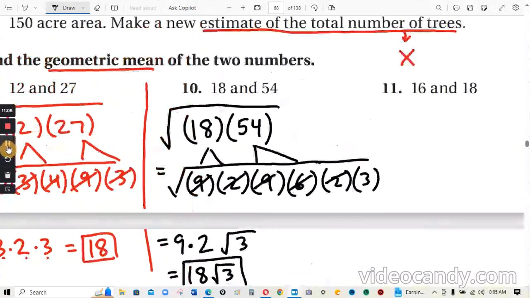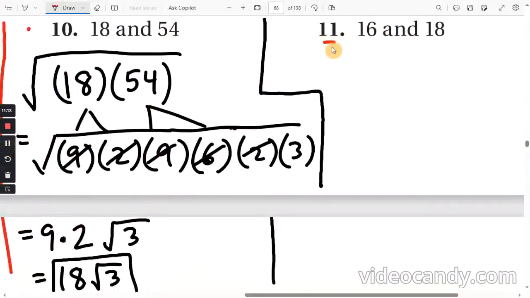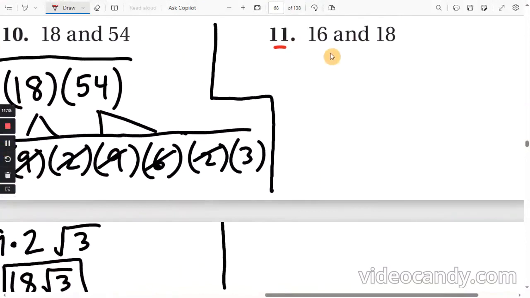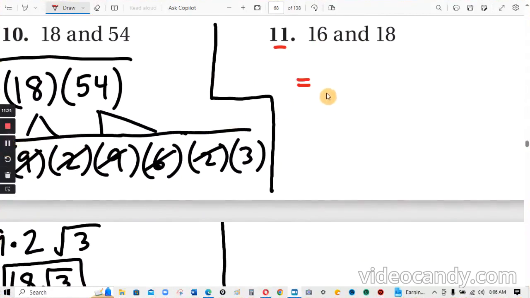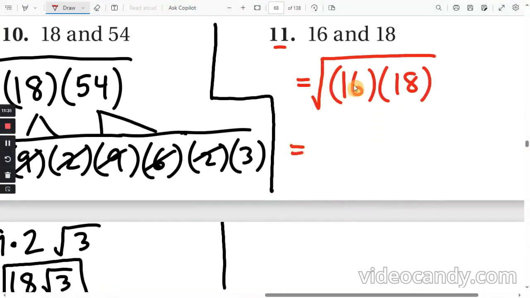Please pause and try number 11. I'll give you a hint. I would start by taking the square root of 16. That's pretty easy. So we have 16 times 18, and we're taking the square root. The square root of 16 is just 4.